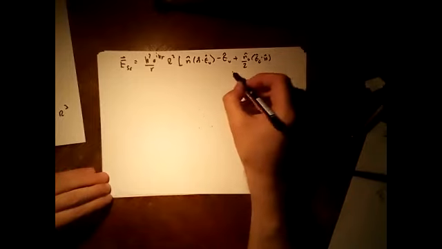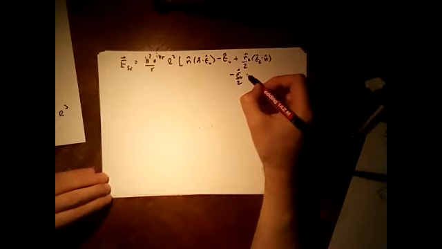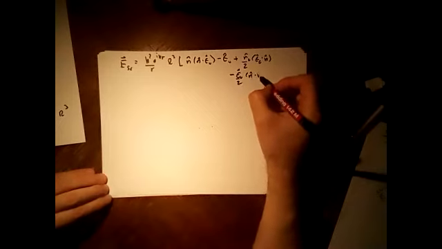I don't have space here, so I will write it here, minus epsilon 0 over 2 n dot n0.